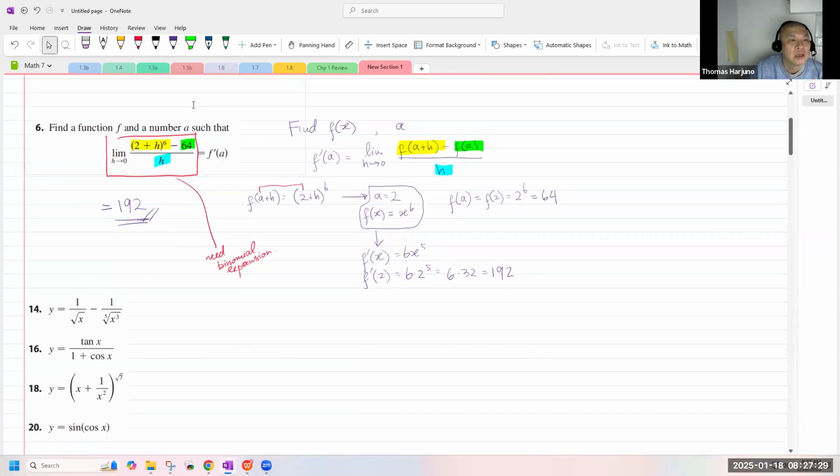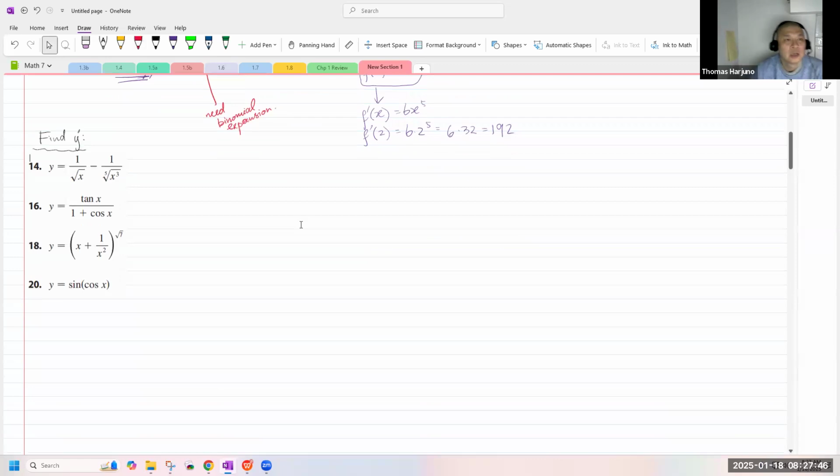Now the next many questions are to find the y prime. From the lesson we have in class, we have done up to here, to find the derivative of a function. So let's do that.